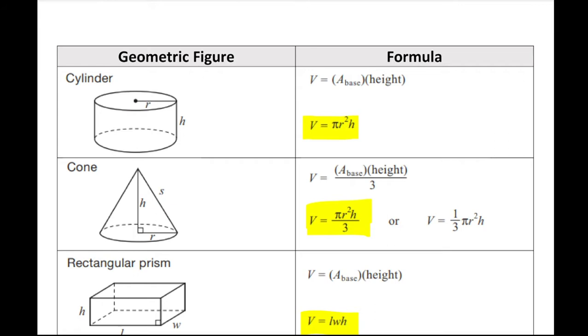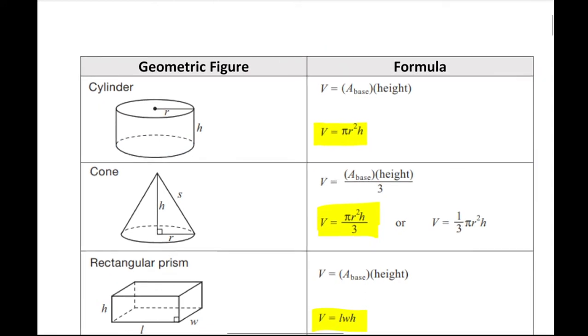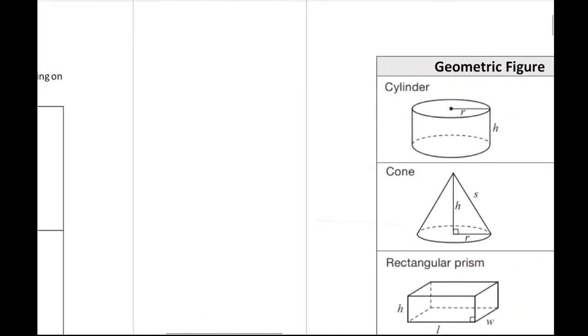Generally speaking, for the volume of these prisms, this is the general formula, and you'll see that throughout: area of the base times height, because basically it is the area of this circular face on the bottom, and then we have, you could argue, slivers going all the way up for the entire length of the height. So that's where we get this formula from. So our volume formula is pi r squared h.